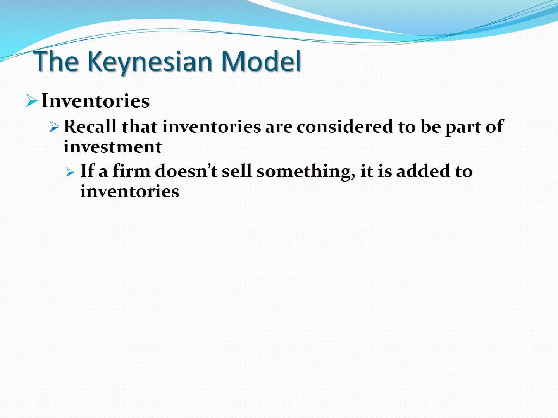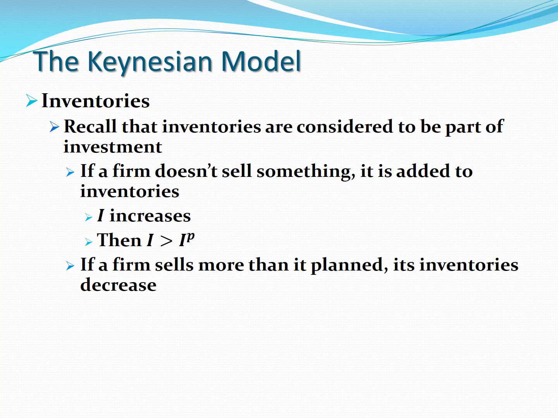So if a firm doesn't sell something, it's added to inventories. What happens is that the I, actual level investments, increase, and then we're going to have our planned investment being less than I.